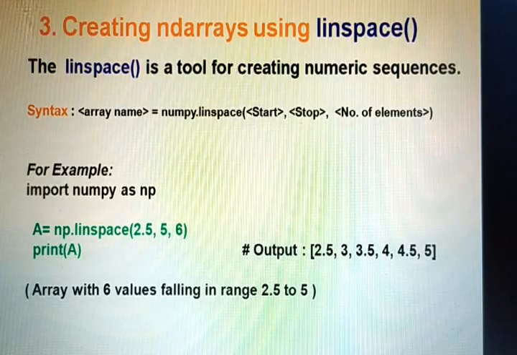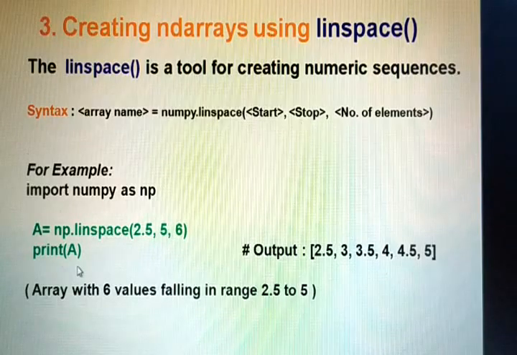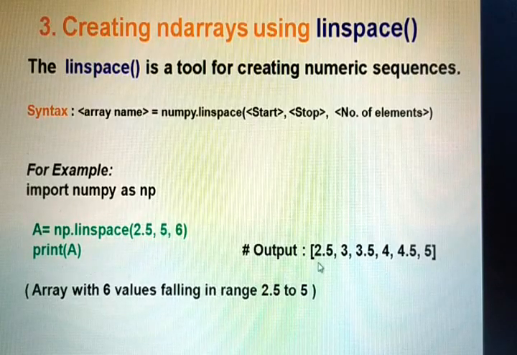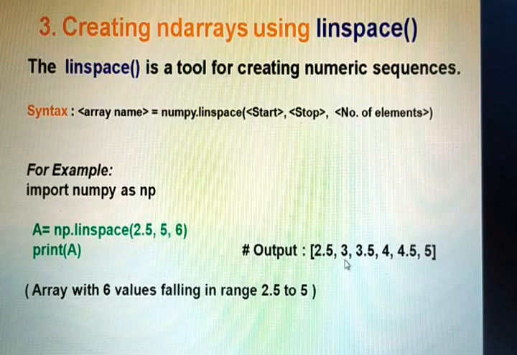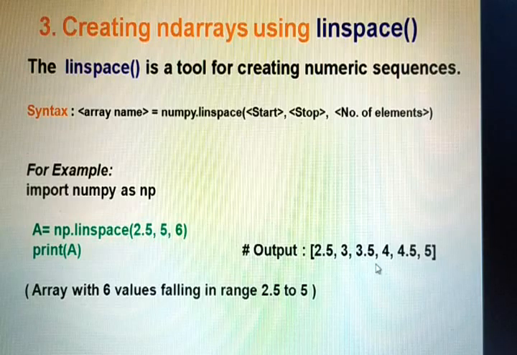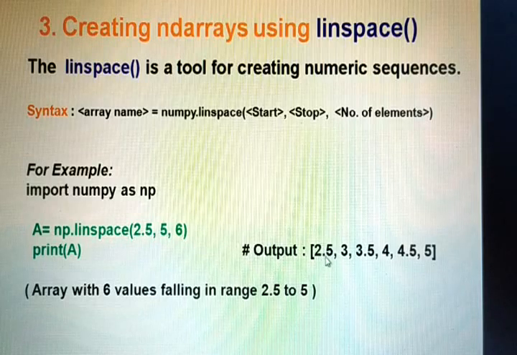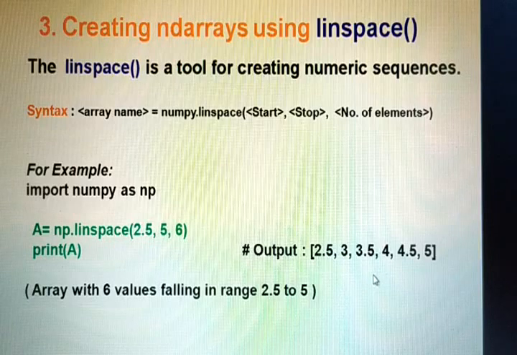So whenever we print a, what is the output? The output will be 2.5, 3, 3.5, 4, 4.5 and 5. That means when we count them, 1, 2, 3, 4, 5, 6. How many elements?